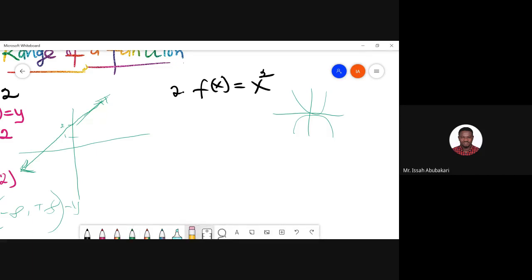Now, I want you to take notice of this. Note, anytime you have a question that is in quadratic form, write it somewhere, maybe on your question paper. Note the x value, x squared, is it positive or negative?